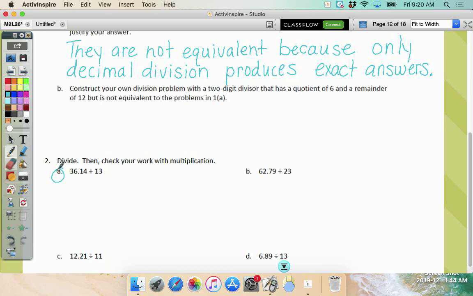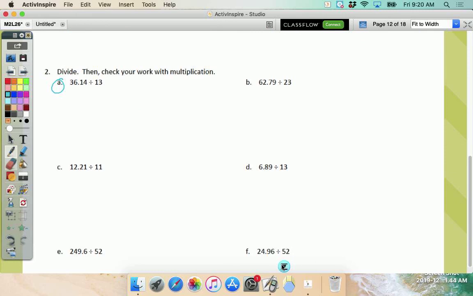We'll start with A. You realize these papers are not made for children who are using 4 columns to do long division, are they? No. So the other problems, B, C, D, and E, you'll have to do on scratch paper. But for now, we can do our 4 columns here, can't we? Yeah. Except I think I'm going to move mine over just a little bit. I don't need that much room for guess and check, do I?